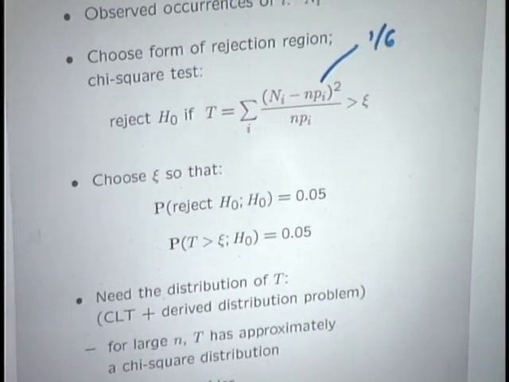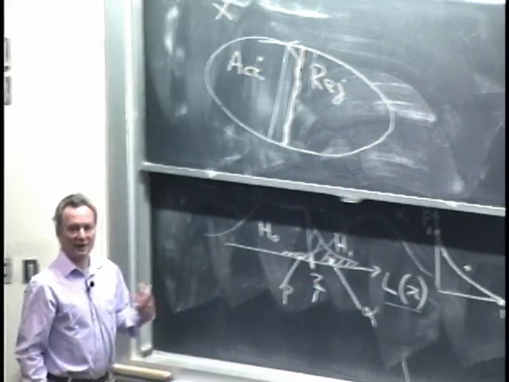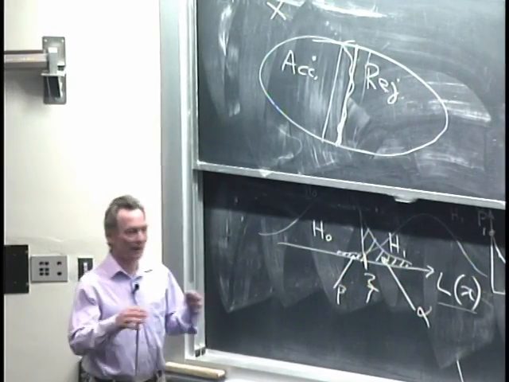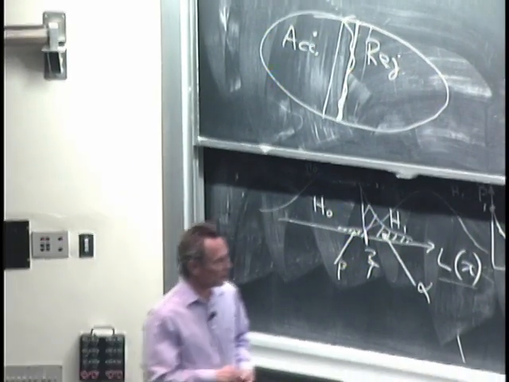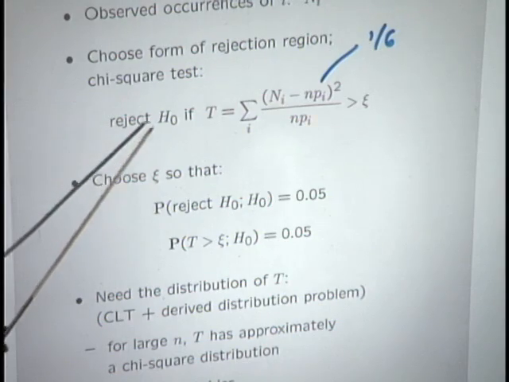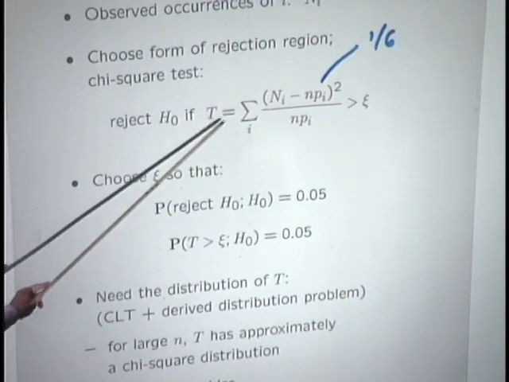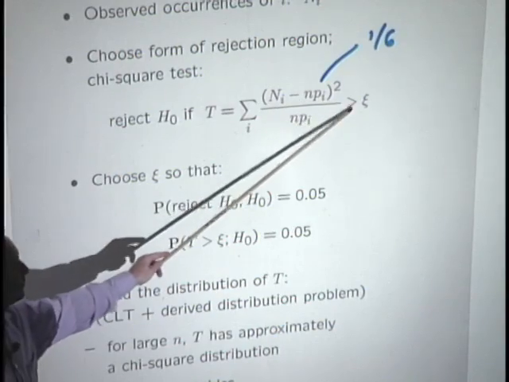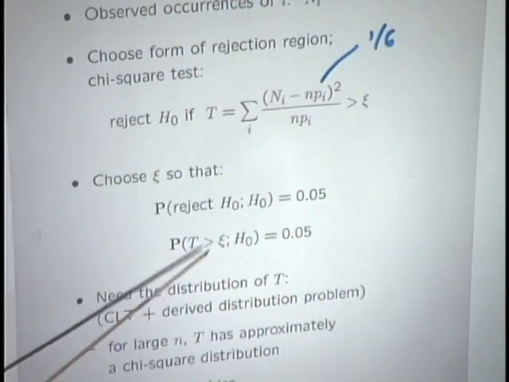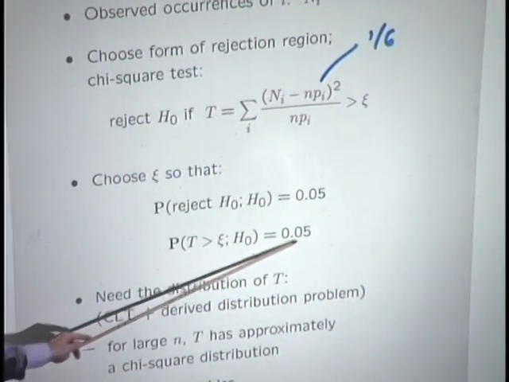We want the probability that our data fall in here is only 5% when the null hypothesis is true. So that's the same as setting our threshold xi so that the probability that our test statistic is bigger than that threshold is only 0.05.